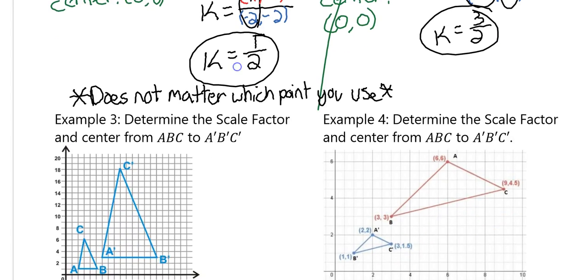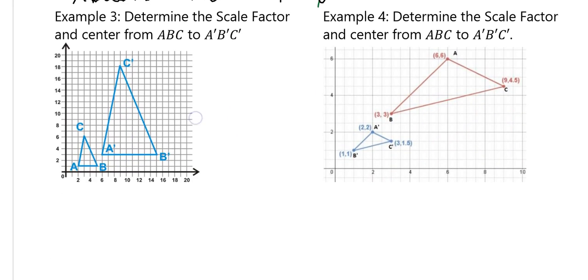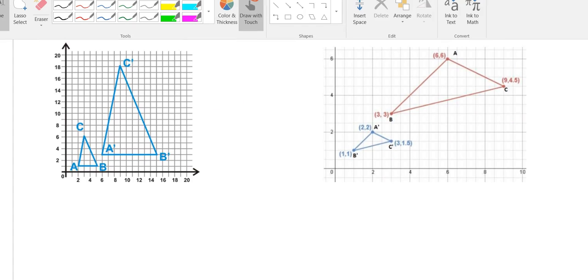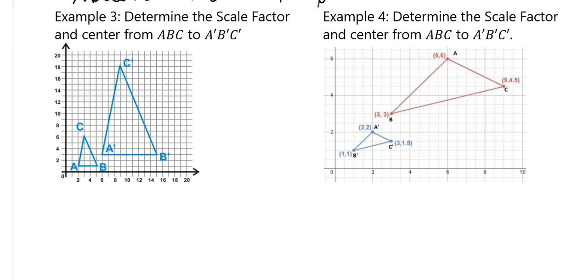Example 3, determine the scale factor from ABC to A prime, B prime, C prime. So ABC, we're going to call my pre-image. And then A prime, B prime, C prime is going to be my image, because that's what I'm going to. So again, here my image got bigger.